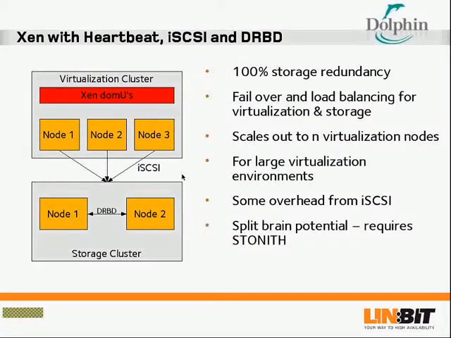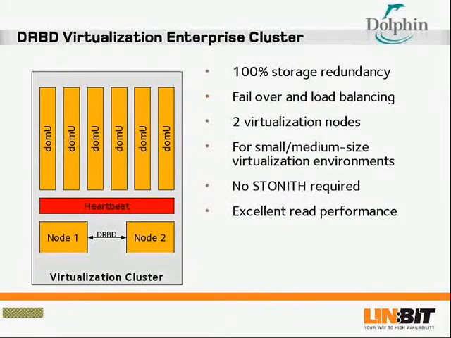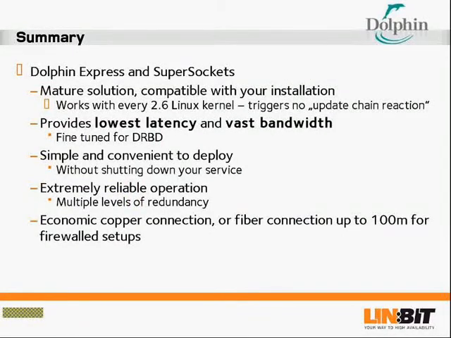And then, of course, what we at Linbit market as a DRBD virtualization enterprise cluster, where you have a two-node virtualization setup using either the Xen or KVM virtualization technologies, which use DRBD as their highly available replicated storage basis, now with the considerable latency drops by utilizing the Dolphin Express hardware and SuperSockets socket layer.